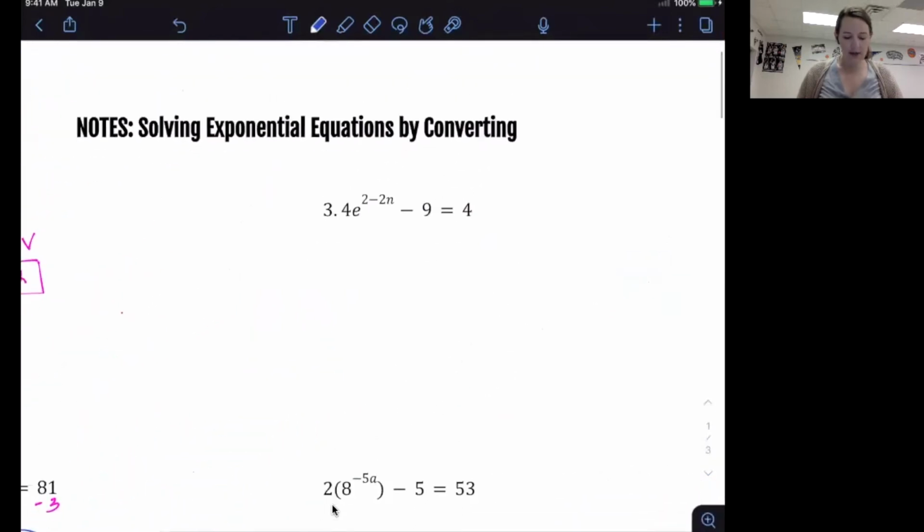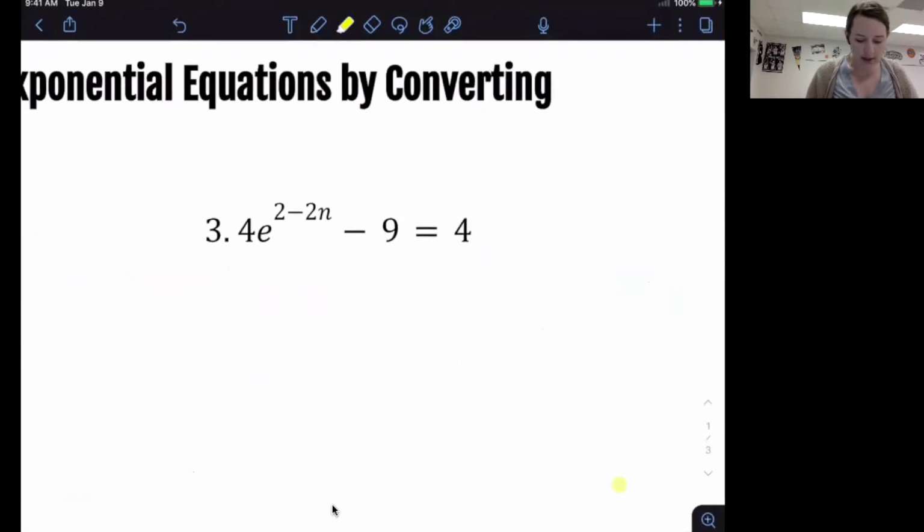Let's come up here and look at example 3. 4 times e to the 2 minus 2n minus 9 equals 4. So looking here, this e value with its exponent is our exponential term. The 4 out in front is a coefficient that we're going to need to get rid of before we change it to log form.